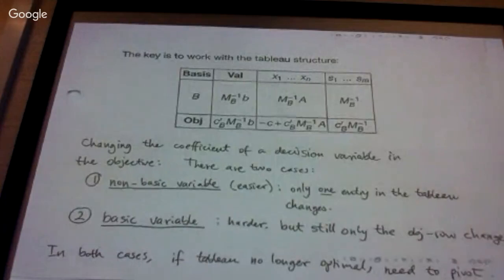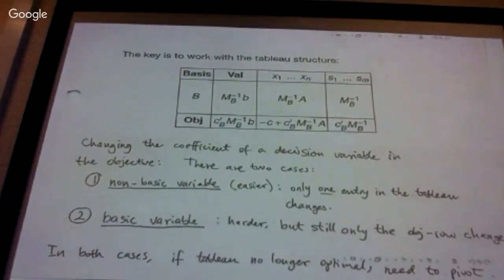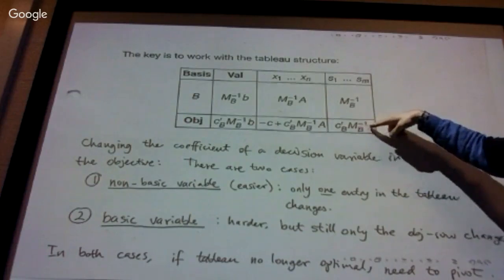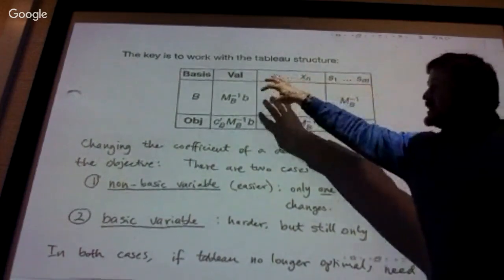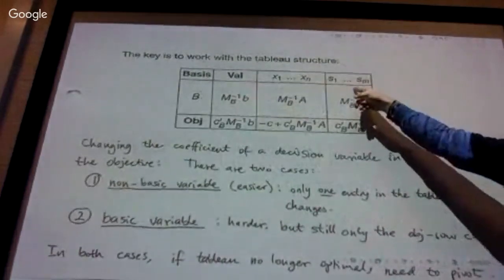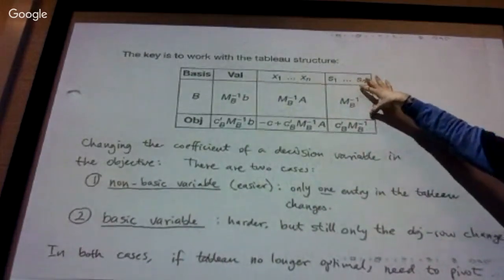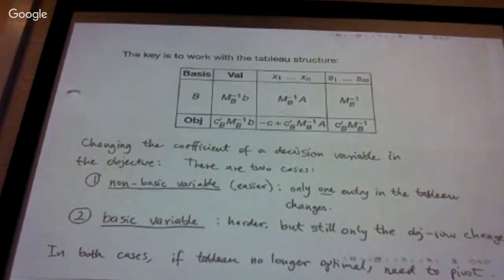Whereas if you're doing something with a basic variable, then it's going to change a bit more. But again, the only thing that is actually going to change is the objective row, because the C's don't appear. There's no influence of the objective function on the top bit of the tableau.